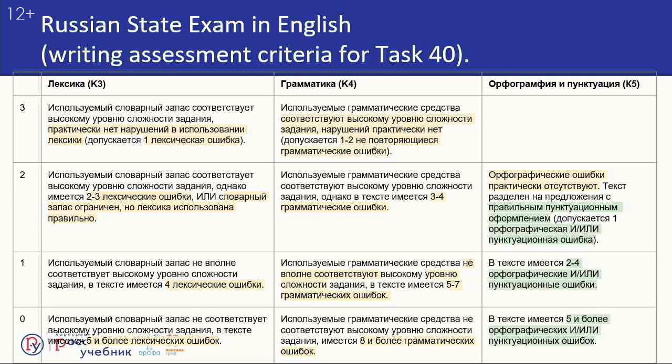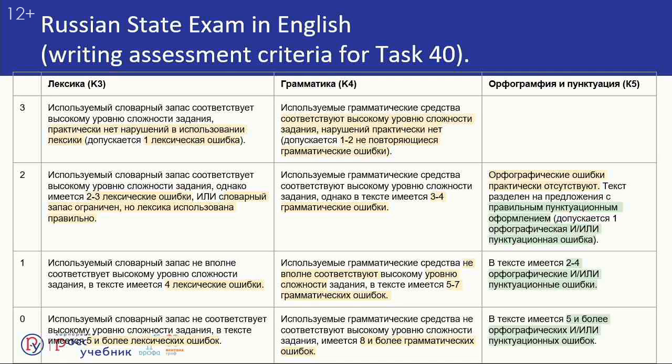level of 2 points, 2 or 3 mistakes are allowed, or the vocabulary range is quite limited, right? But the vocabulary units are used accurately. So 2 or 3 mistakes or quite limited vocabulary, right? At level 1, 4 vocabulary mistakes, and although we have a bit above, "используемый словарный запас не вполне соответствует высокому уровню сложности задания", that is a bit vague again.